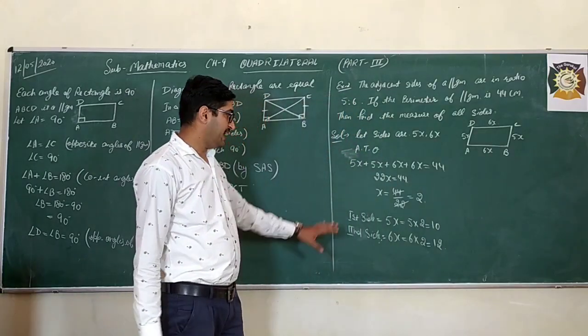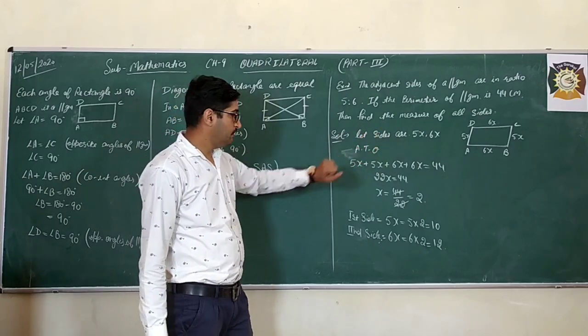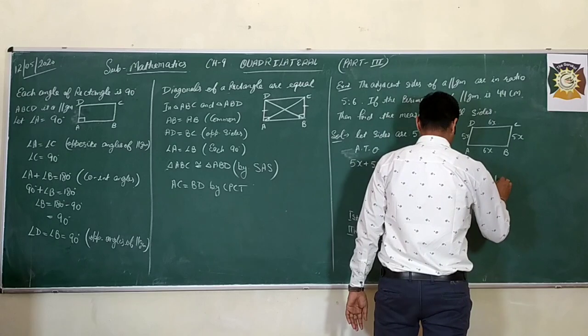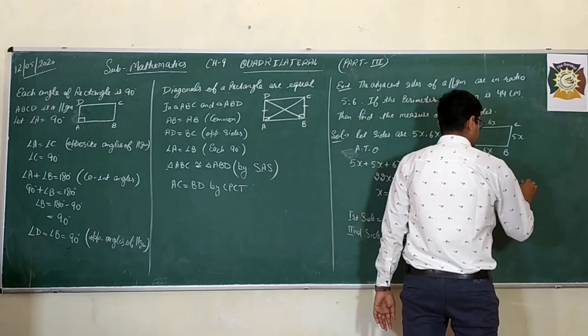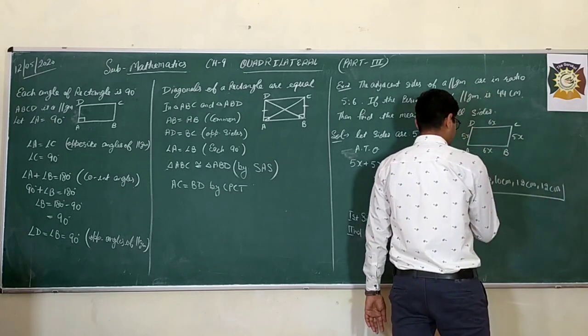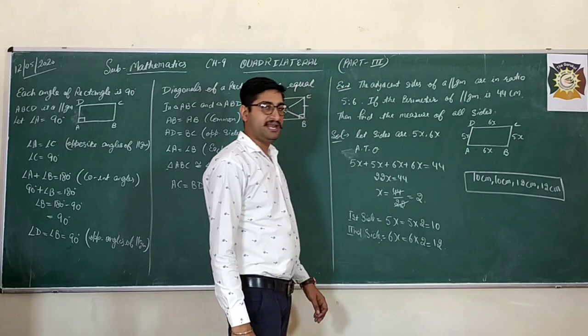And you know that all opposite sides are equal, so we can say the sides are 10 centimeter, 10 centimeter, 12 centimeter and 12 centimeter. These are the four sides of the parallelogram.